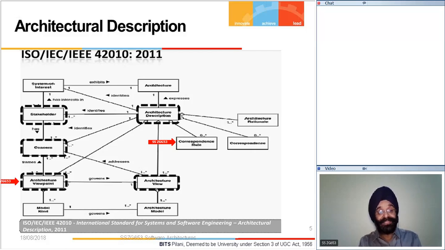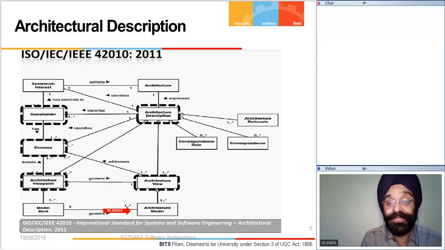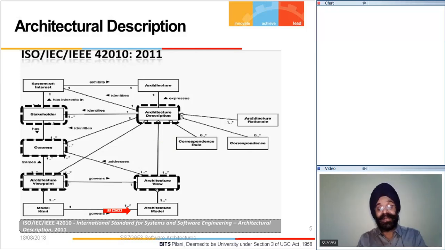Now, these viewpoints are reflected through models, and various types of models can be there, and against each type of model there will be specific architectural models available, standard architectures. Based on these standard architectures you will determine views, which will determine descriptions, which in turn will determine the architecture.